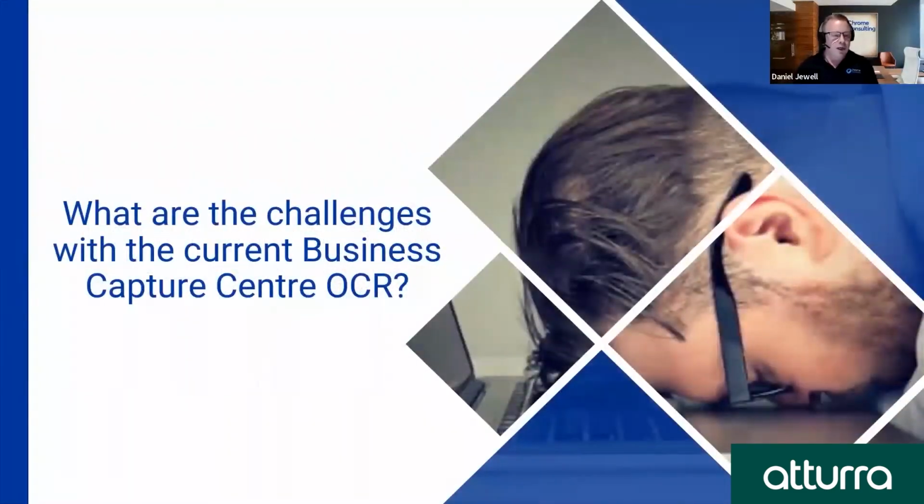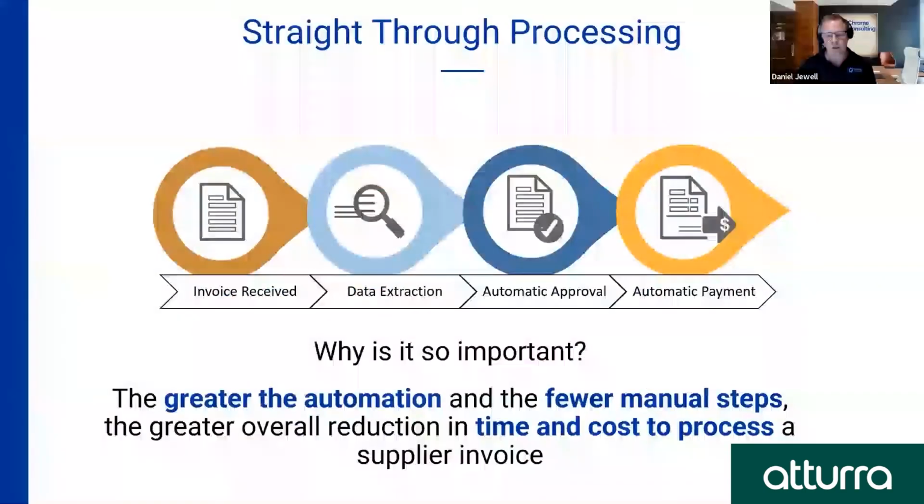So what are some of the current challenges with the existing Business Capture Center solution, OCR? During our last webinar, we presented the Turnpike's Insight and Analytics KPI solution, where the core theme was how can we improve zero touch and straight through processing.